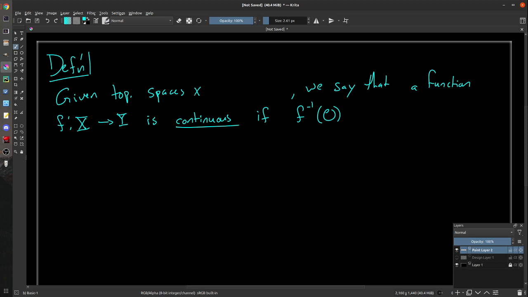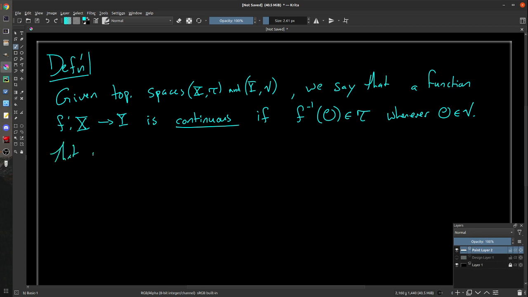So given X, tau, and Y, nu, we say that a function f from X to Y is continuous if f inverse of O is in tau whenever O is in nu.